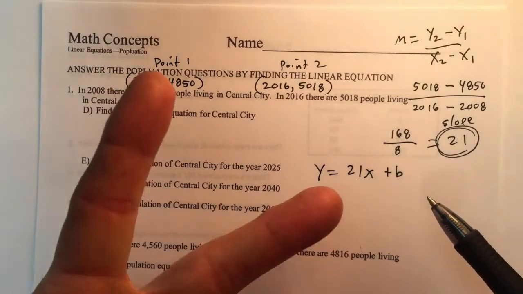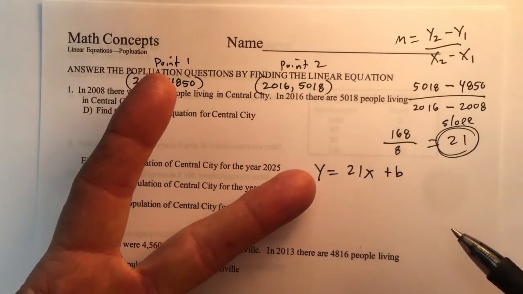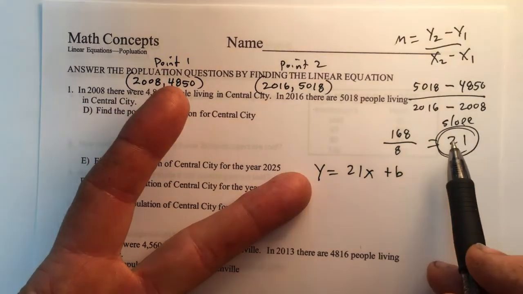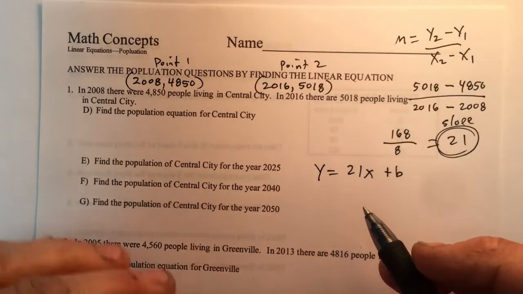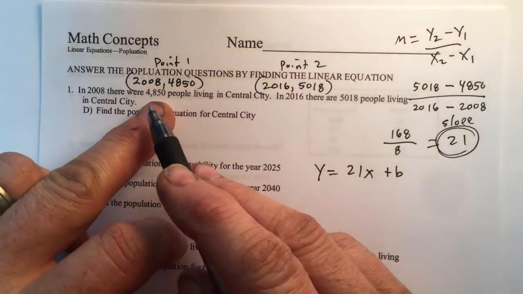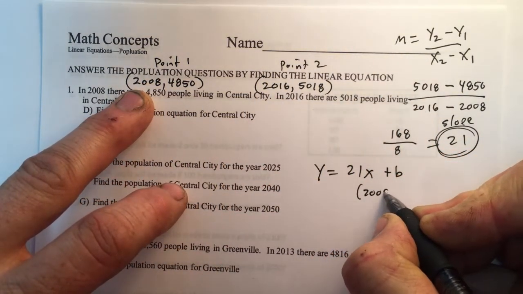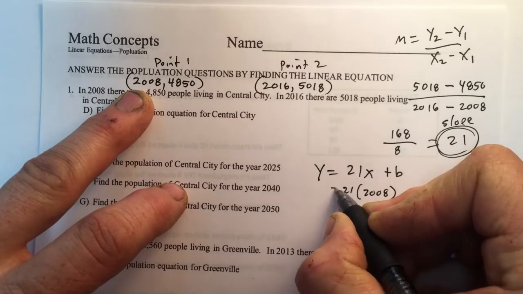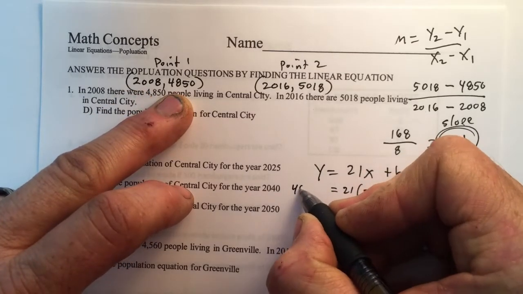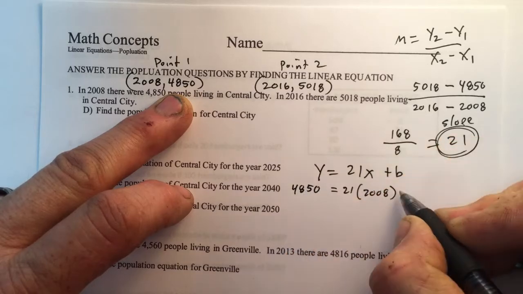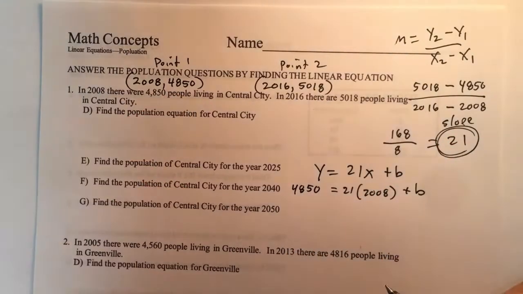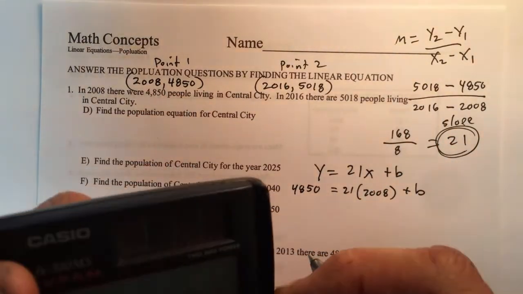You have to have two things. You have to have the slope. You have to have the y-intercept. We've got the slope. Now I've got to find the y-intercept. So I'm going to take one of these and put them in. I'll just do the 2008. 2008 is my x. 4,850 is my y. Okay, now let's take this right here.